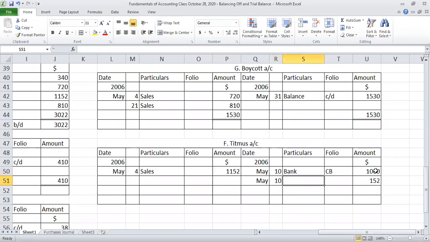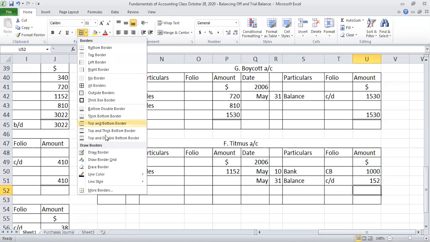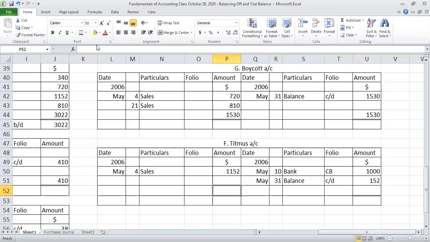May 31, I'm sorry, balance CD is 152. Put the single and double line now. Therefore, it can be said that Titus's account has a debit balance of 152. Now we are finished with balancing off.